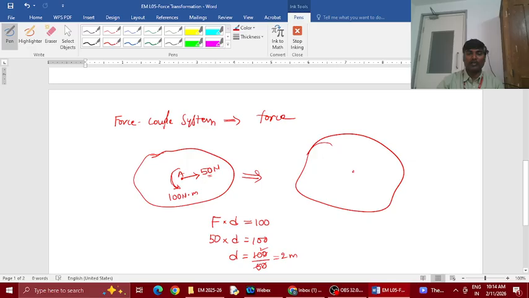So this is point A. Now I shall apply this 50 given to you at 2 meters, an anti-clockwise couple. How do you generate an anti-clockwise couple? Left arrow and right arrow, distant apart by 2 meters.